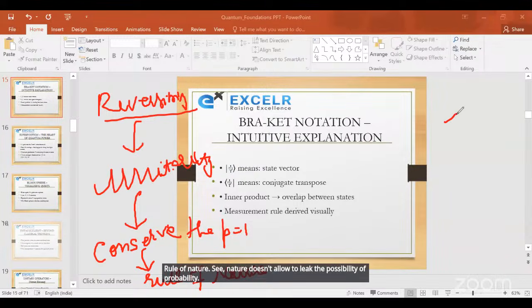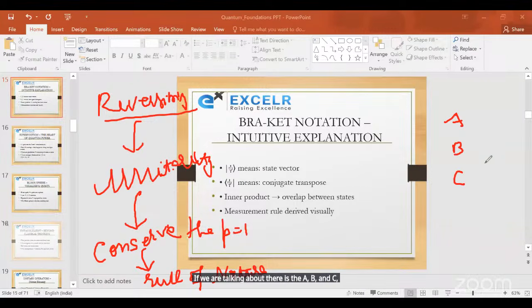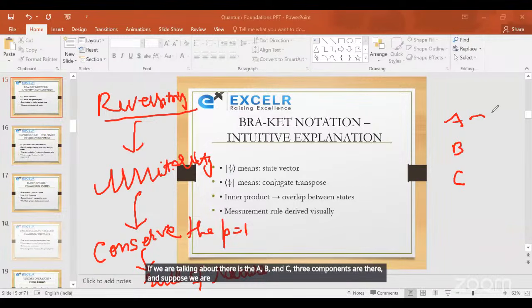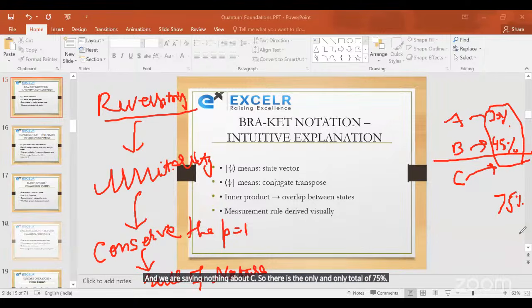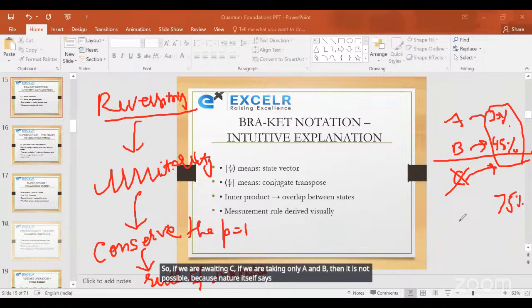If we are talking about A, B, and C, three components, and suppose the A component contribution is 30%, and the B component contribution is 40% or 45%, and we are saying nothing about C, so there is only a total of 75%. If we are taking only A and B, then it is not possible, because the percentage rule itself says there must be 100%.